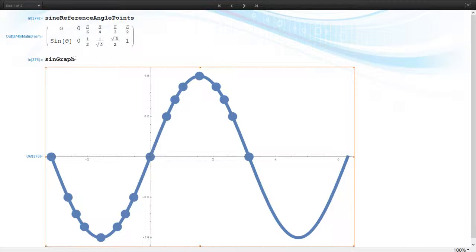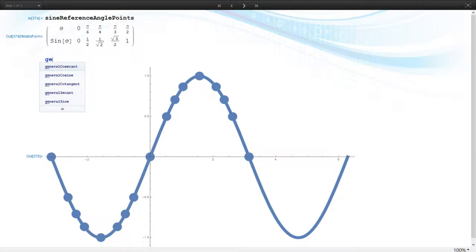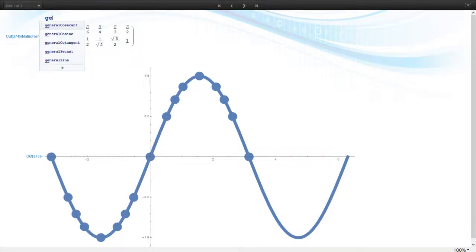But we also have to remember that all of the transformations that we learned to be able to transform our functions apply to trig functions as well, because trig functions are functions. So we'll talk about the graph of generalized sine functions.